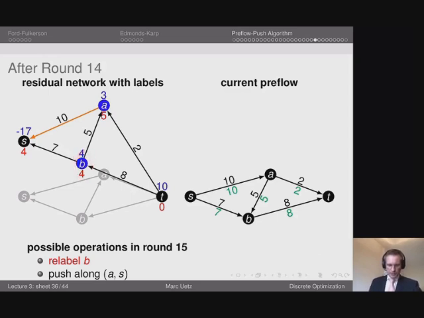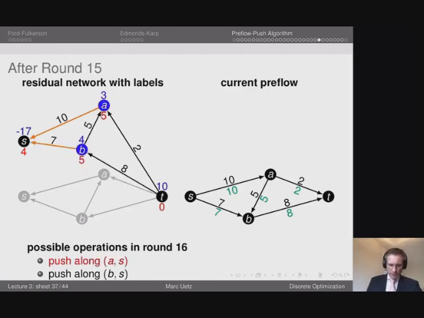There is again 2 eligible edges, pushing out of A or relabeling B once more. Say we relabel B once more. Let's do that. And now both A and B are on level 5. The source node is on level 4, so both nodes can actually send their excesses back to the source.